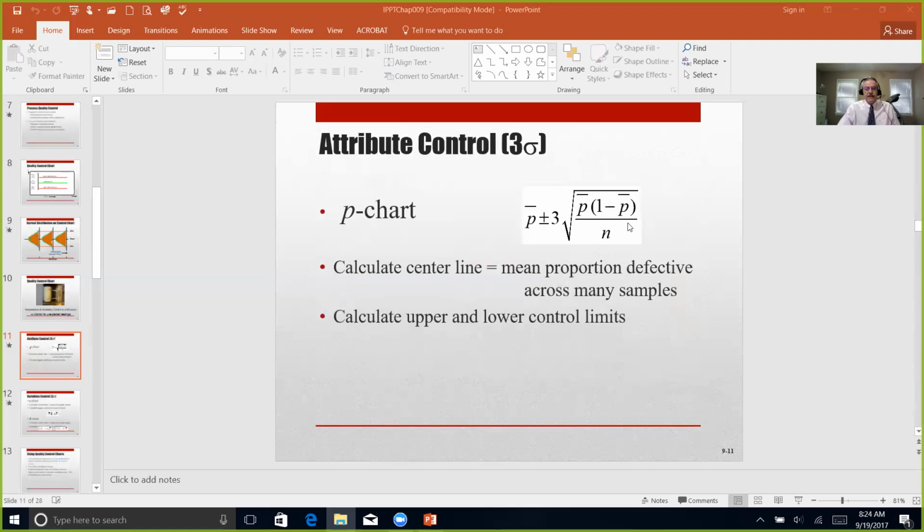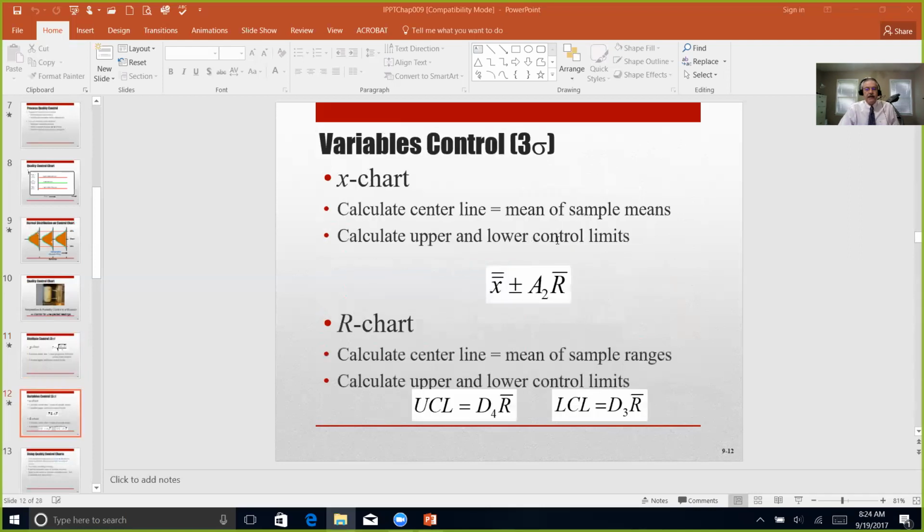So that's a good one to make sure that you understand how these control charts work. Then we have the variable control charts on page 196, where we have the X-bar chart and the R chart, where it's very similar when it comes to determining what's going to be the continuous variable, and how we're going to inspect that variable.